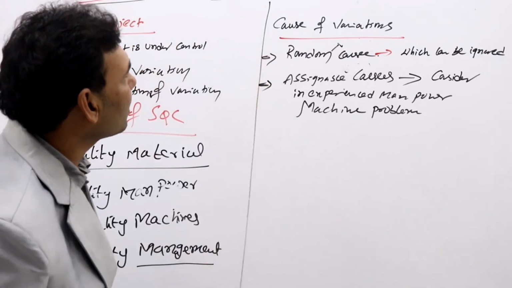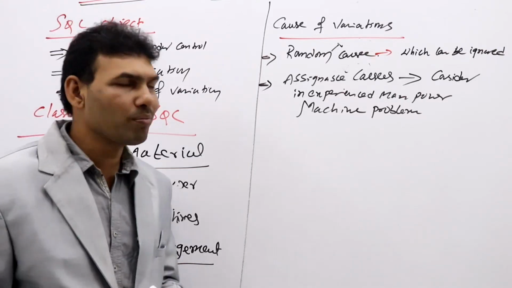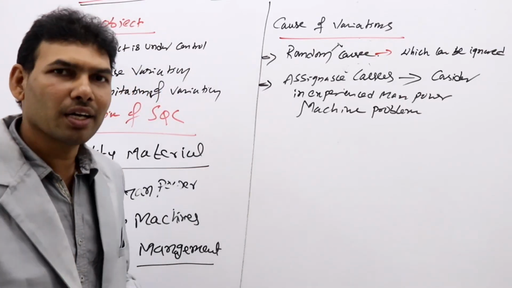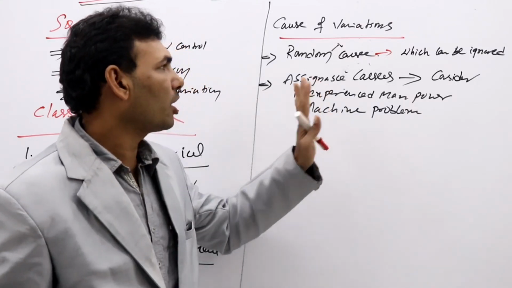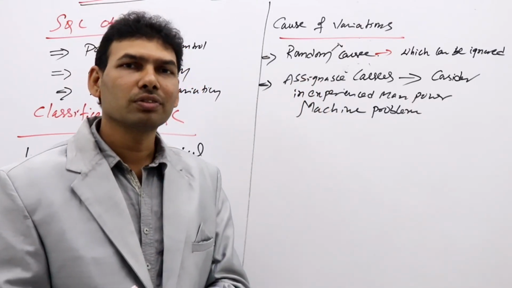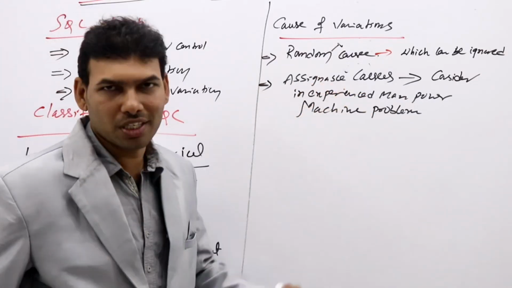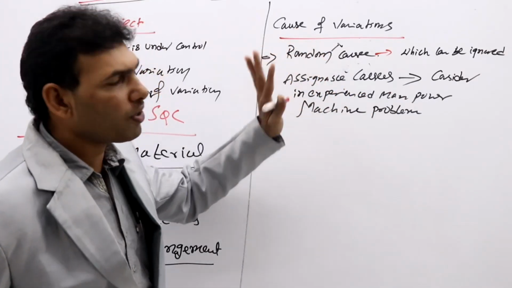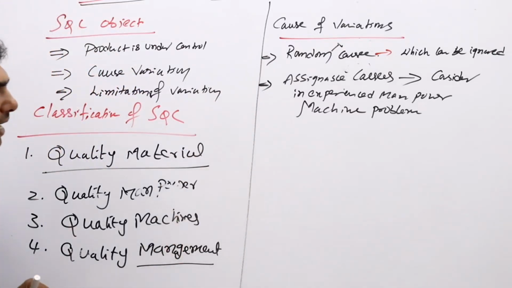So these are the reasons of variation. There are two reasons, random and assignable. Our part here is avoiding and preventing assignable causes. Random causes we cannot prevent, they may happen. Are you clear about random causes and assignable causes?